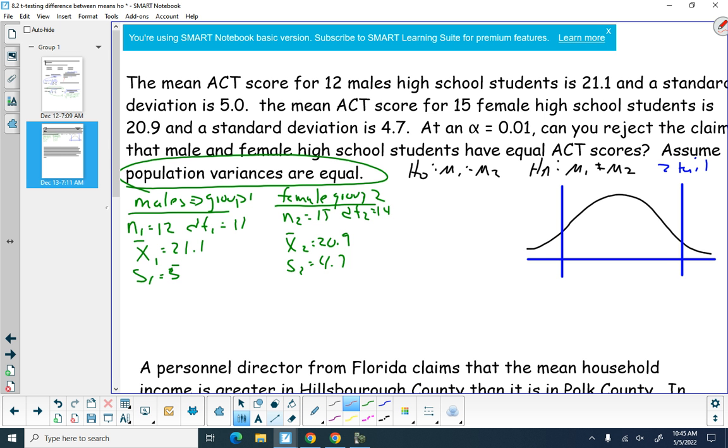But now to find our critical values, we look at our degrees of freedom, which are 11 and 14. So I'm going to use the smaller of those degrees of freedom, the value of 11.